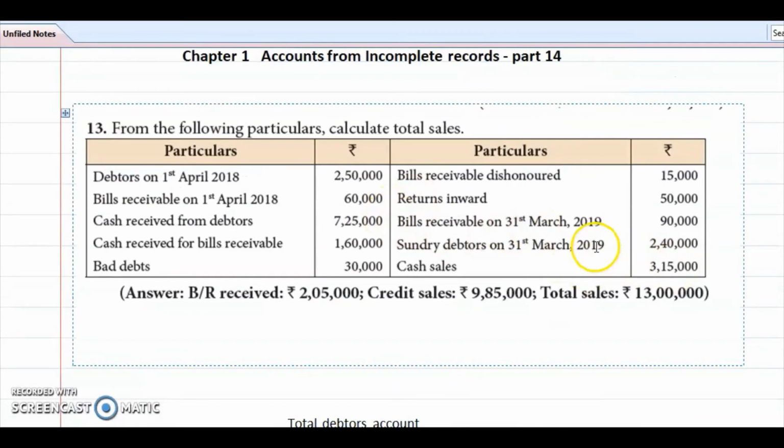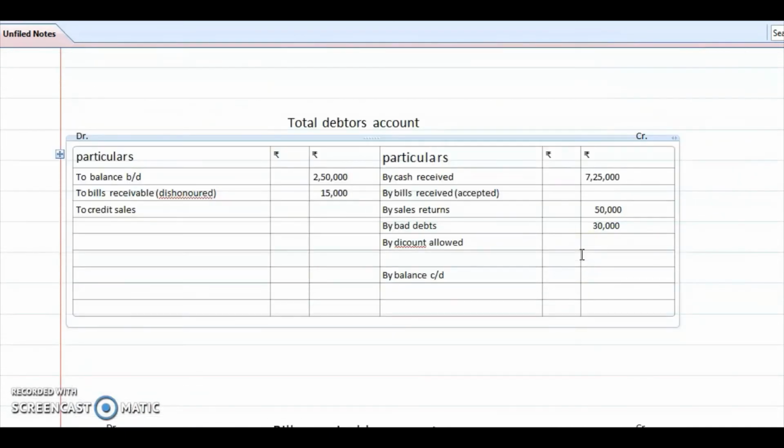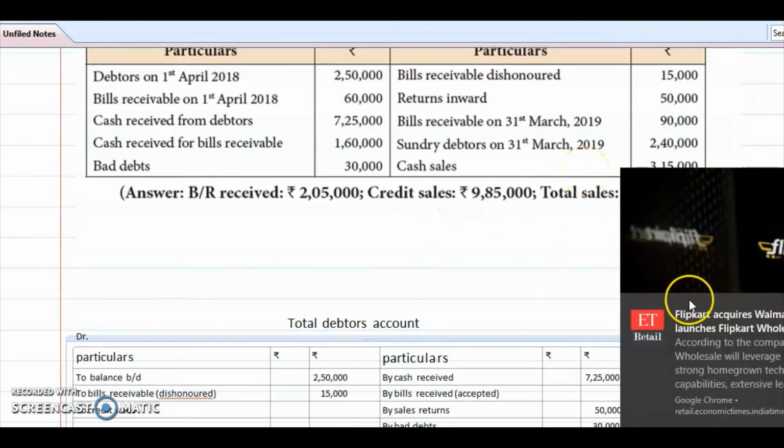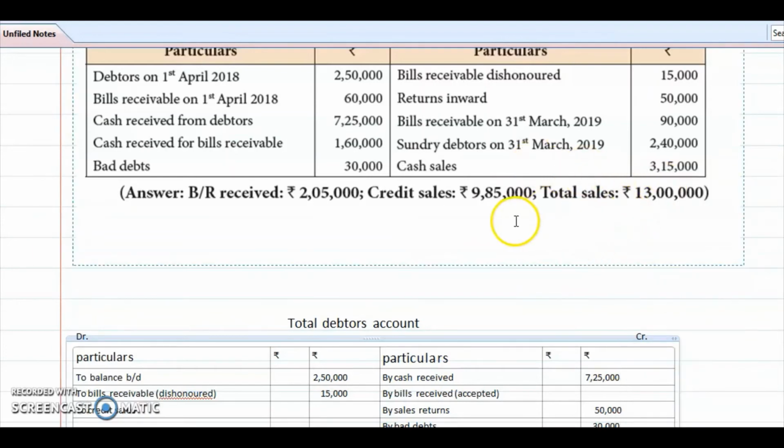Then sundry debtors closing 2,40,000. Cash sales will not appear in both the accounts, so leave it. I hope we have done all the posting.